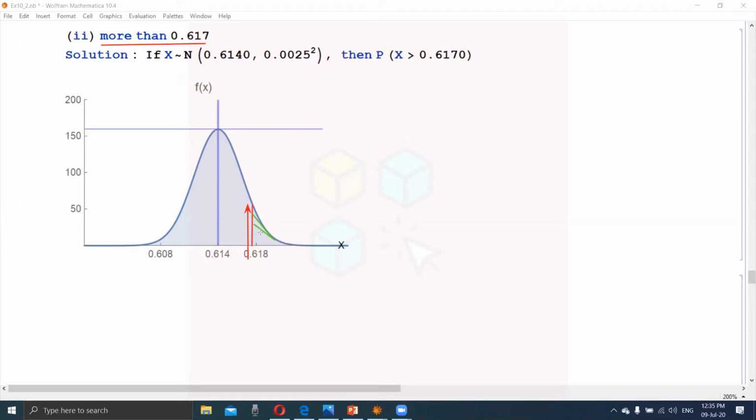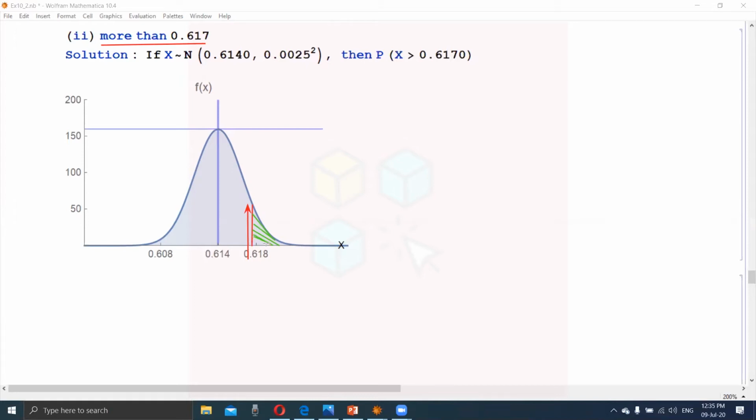This new line is actually obtained by applying the continuity correction. So we will shade it with green color, and the green color starts from the new line, and this new line is more than 0.617.